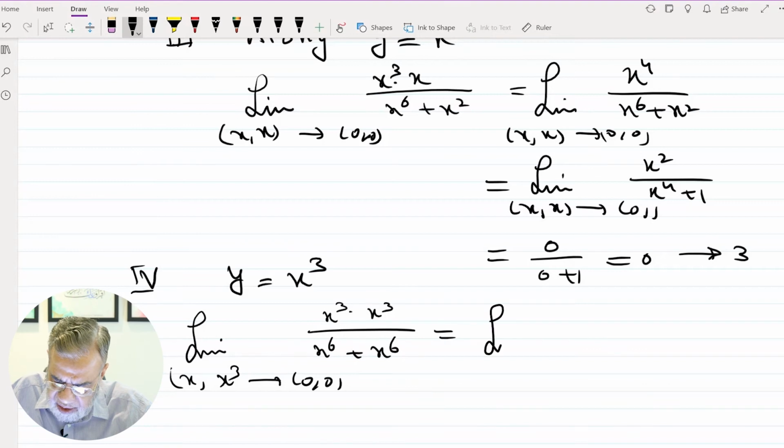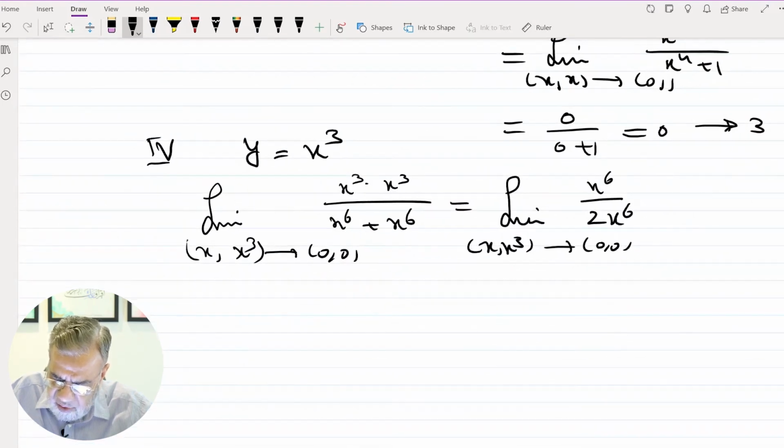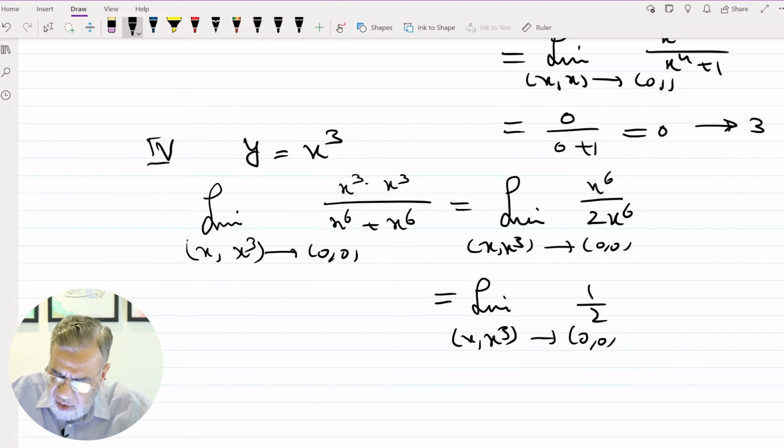So this will give me the limit as x goes to 0 of x to the power 6 over 2 x to the power 6. We simplify this one, and we get the limit equal to 1 upon 2. Result is 1 upon 2. This is my number 4.